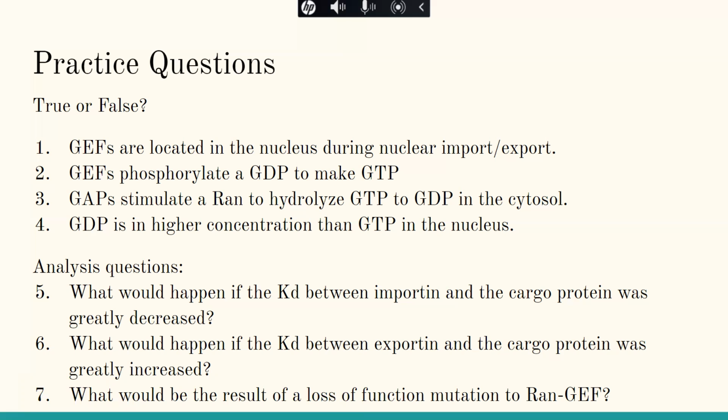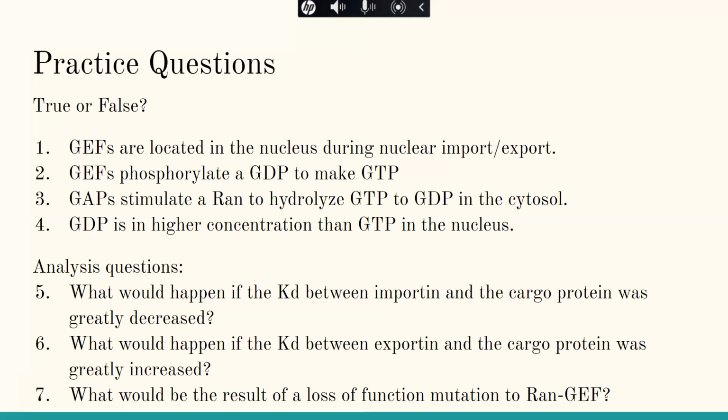So it would be harder for the importin to let go of the cargo protein when it's in the nucleus, because of that strong bond between them. It would be difficult for the cargo protein to be released into the nucleus to do its job, so you'd probably have a deficiency of whatever the protein's job is in the nucleus. Okay, that makes sense. Thank you.